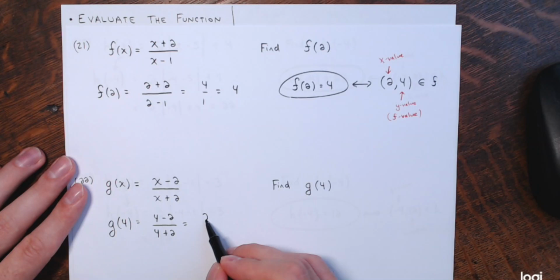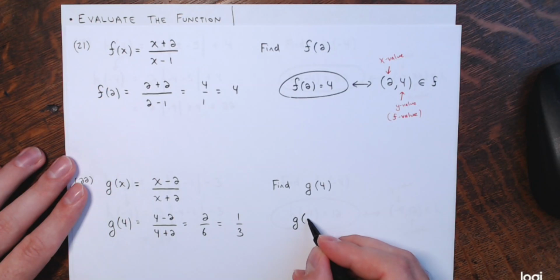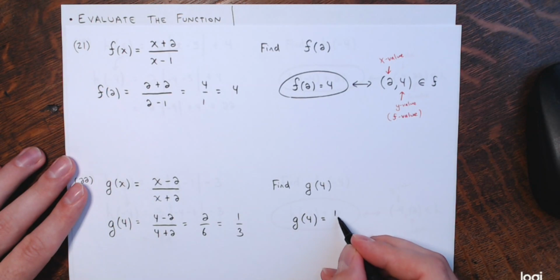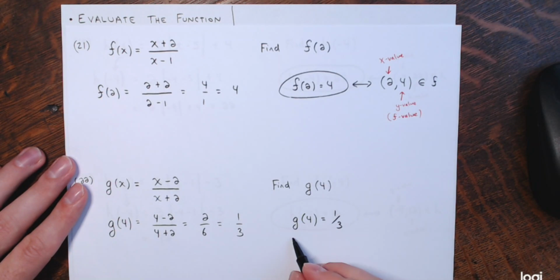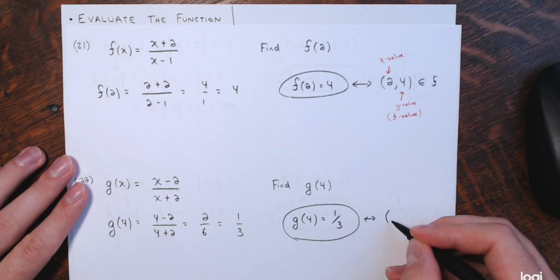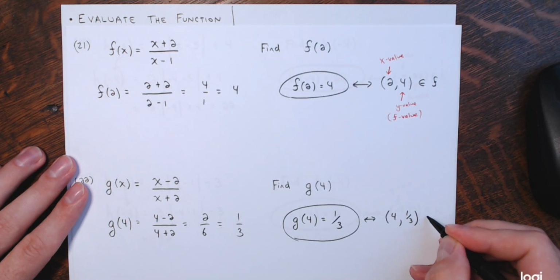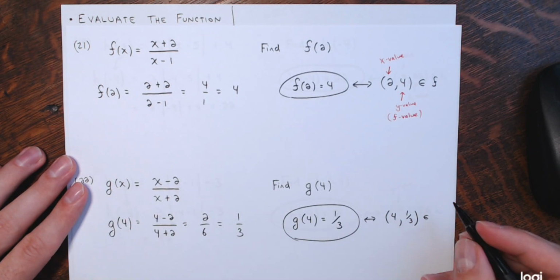So 2 in the numerator, 6 in the denominator. Now this reduces to 1/3. So the value of g at 4 is 1/3. And one last time, this is equivalent to saying that the ordered pair 4 comma 1/3 belongs to this function called little g.